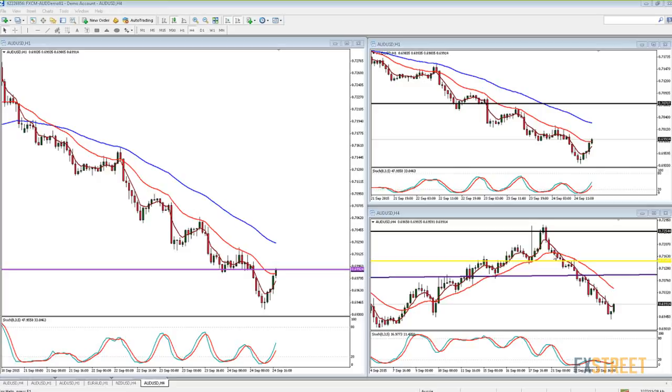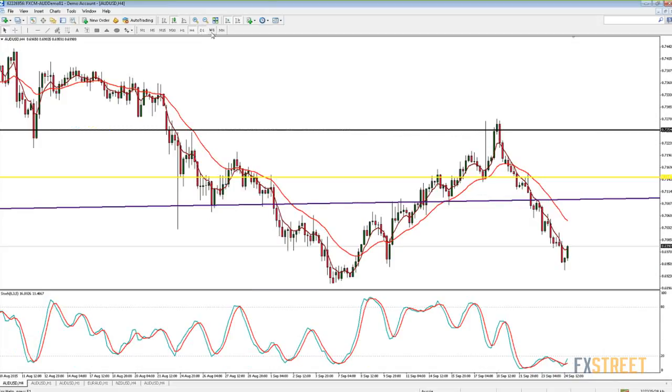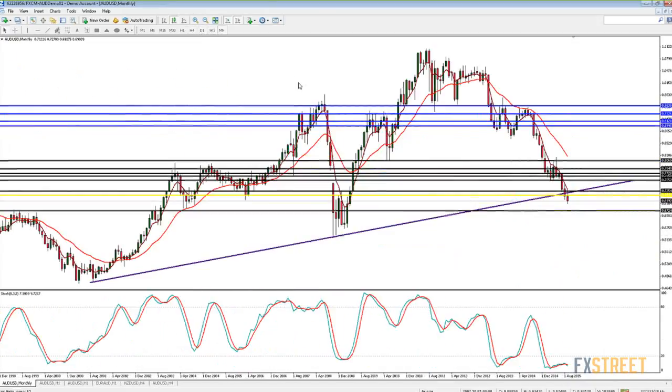Okay, so my point is this. When one looks at this and you start to see analysis come out from folks that are saying, yep, it's going to be 57 cents by such and such, they're talking crazy numbers.